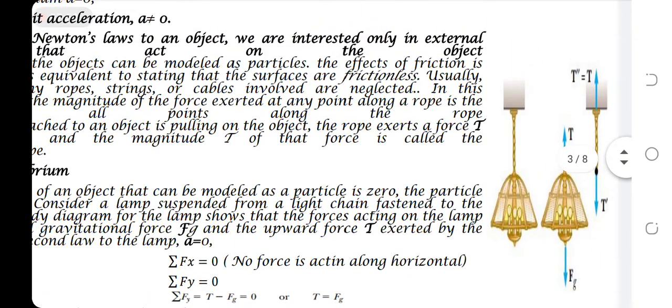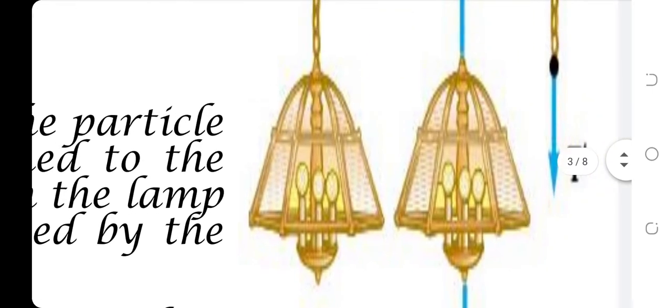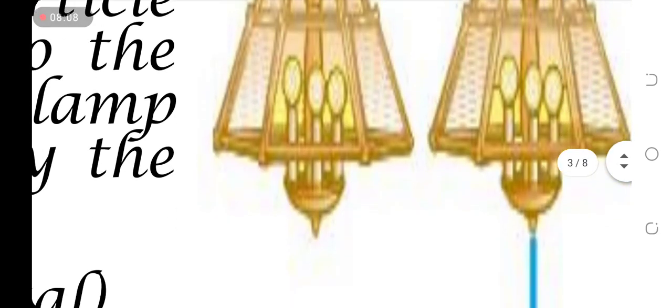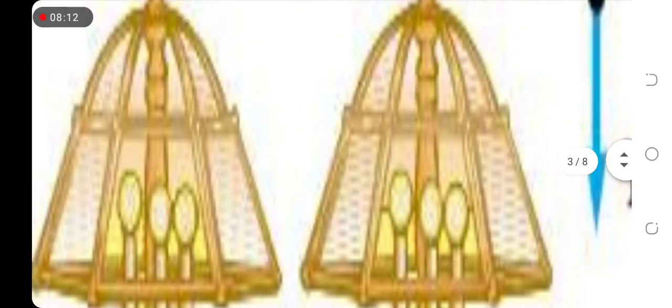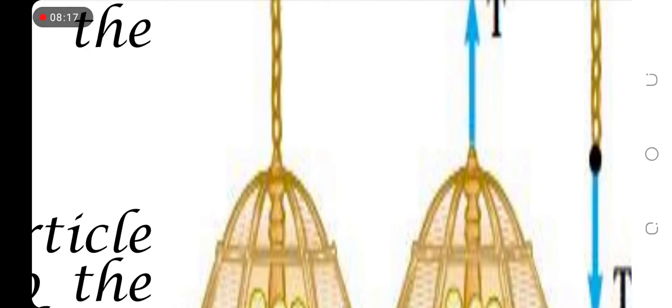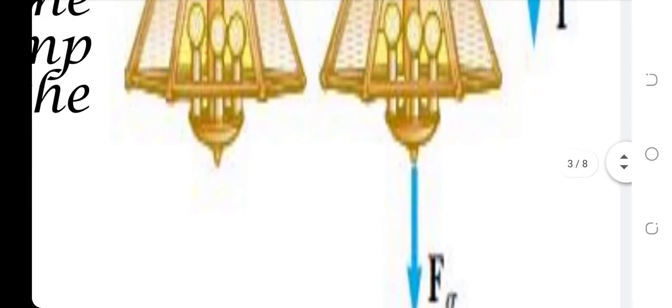We can see from the figure, this is a lamp vertically hanging by a support, and this second figure is the free body diagram that represents the tension in the string along the string in the upward direction and weight Fg in the downward direction. This represents the free body diagram, only the force representation.